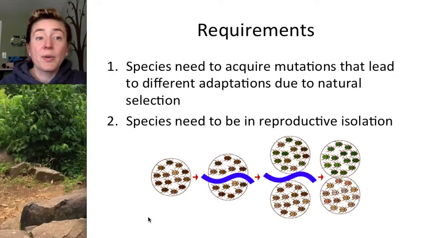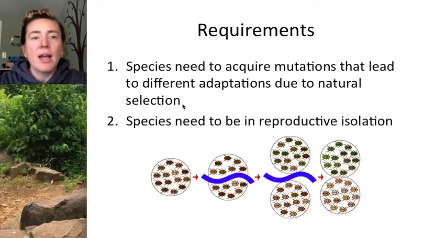The requirements, what has to happen in order for speciation to happen? First thing, species need to acquire mutations that lead to different adaptations due to natural selection. So you have to have variation in the environment. Of that variation, you need to have certain adaptations. And remember, an adaptation is a trait that gives you an advantage in your environment.